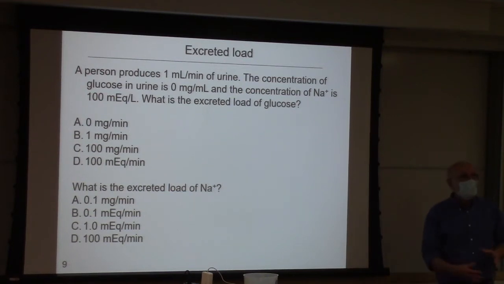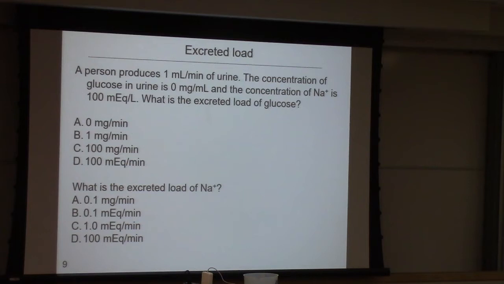So let's do a clicker together right now. Let's not take a long break to do this. A person produces 1 mil per minute of urine. The concentration of glucose in the urine is 0. That's normal. The concentration of sodium in the urine is 100 milliequivalents per liter, 100 millimolar. Okay. What is the excreted load of glucose?